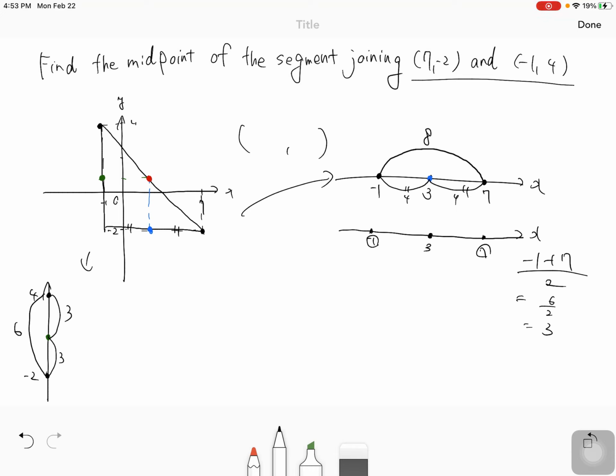So you can just easily go 4 minus 3 and find the value, which is 1. Or again, you can use the midpoint formula, which is you can just add 4 and -2 and divide by 2, which is 2 over 2 is 1. So the y value is here and the x value is 3, like that.